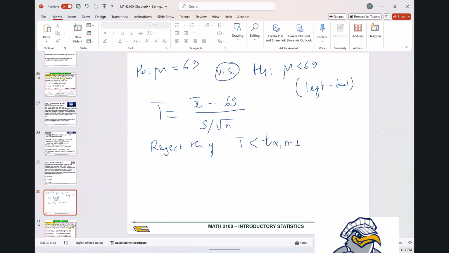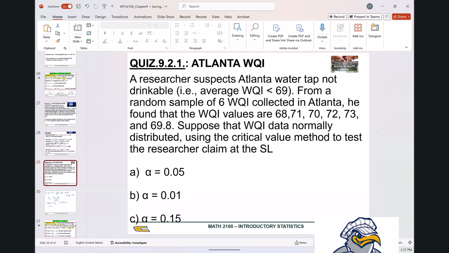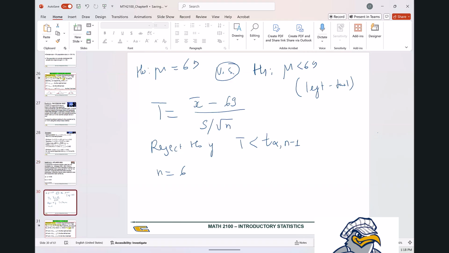In this case n is 6, and remember you have three cases for alpha: 0.05, 0.01, and 0.15. We do one at a time.